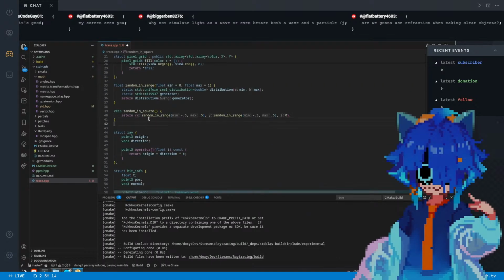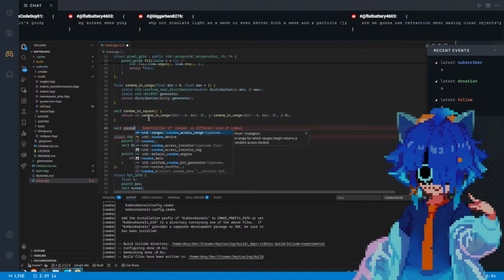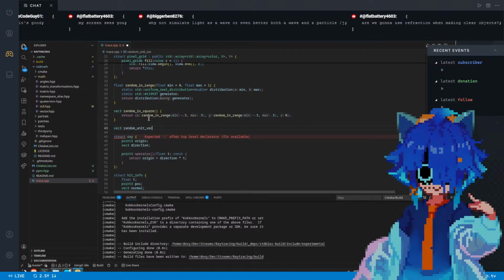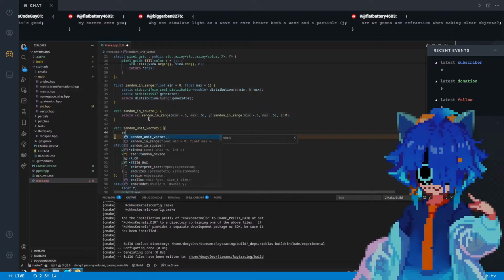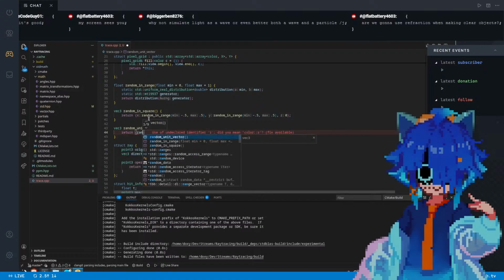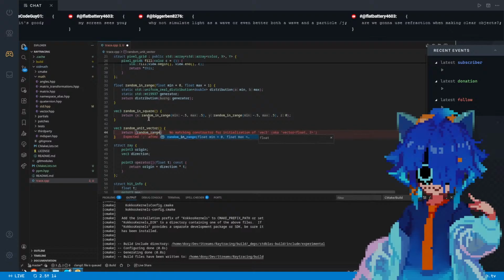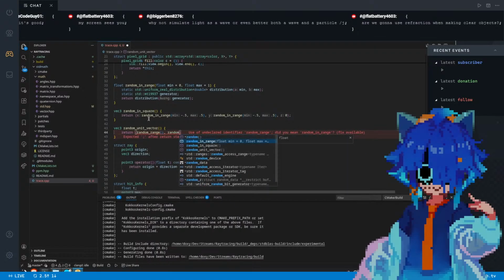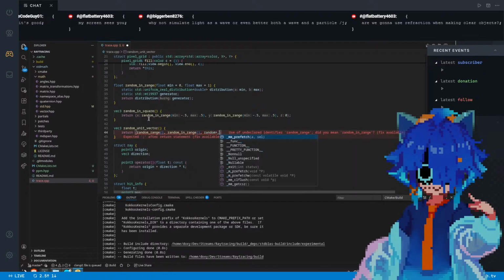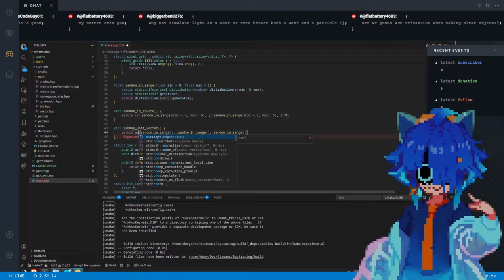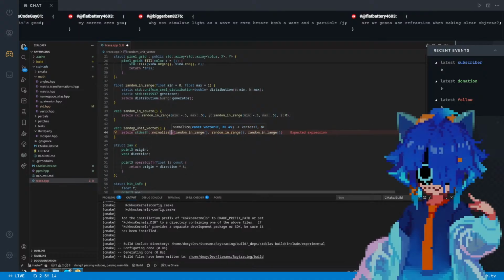So we're going to make a vec3 random unit vector. We're just going to return random in range 0 to 1, random in range, random in range. And since I said it's a unit vector, we're going to normalize it.